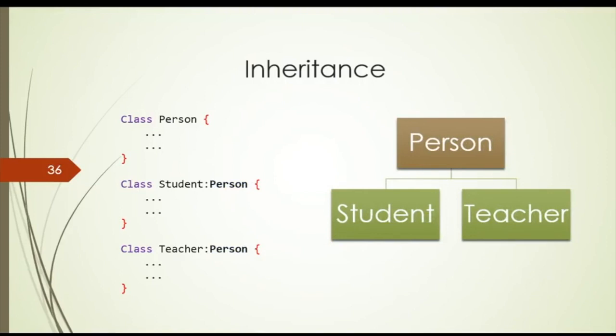There should not be any problem. So in C#, what we do is put the colon in front. That means we are inheriting from the person. That's it. And C# and Java and some other languages like PHP only support inheritance from one class at a time. So you cannot inherit from multiple classes at a time.